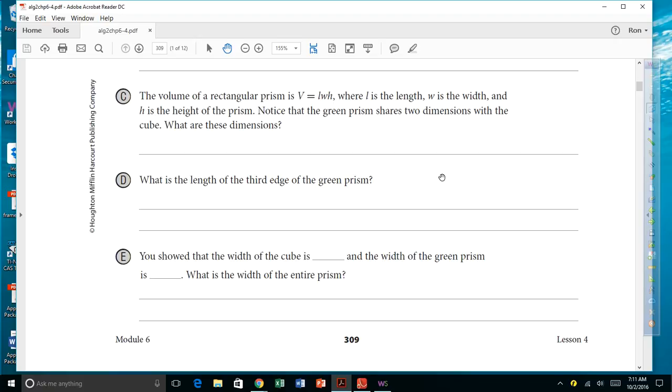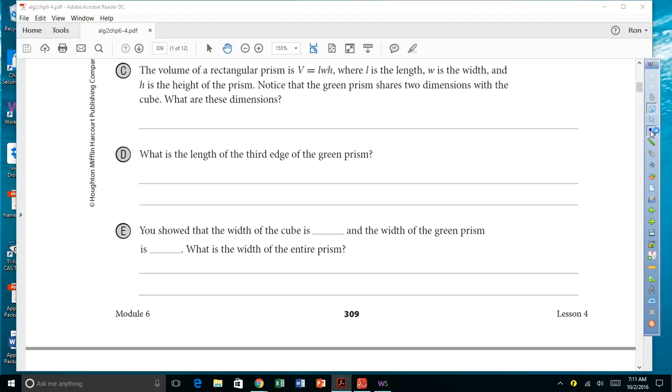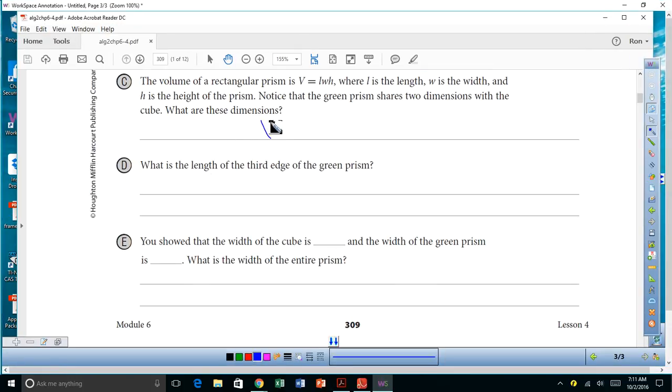Notice that the green prism shares 2 dimensions with the cube. What are these dimensions? Well, they share x and x. What is the length of the third edge of the green prism?